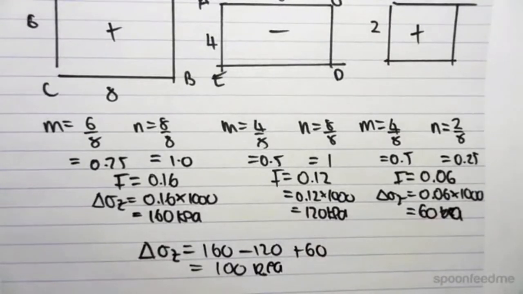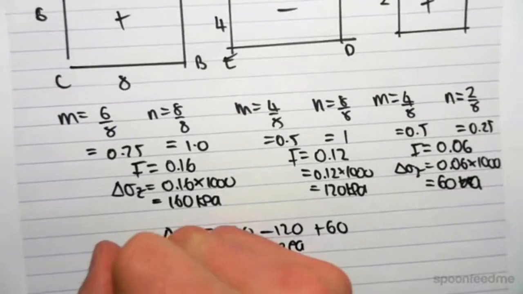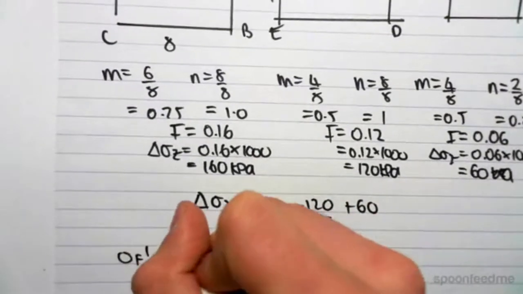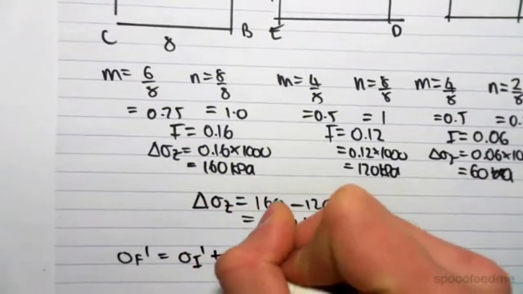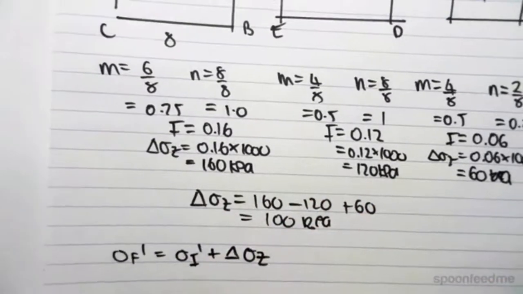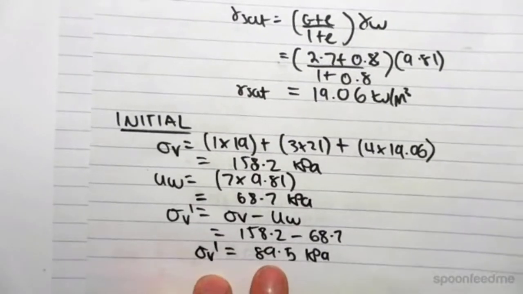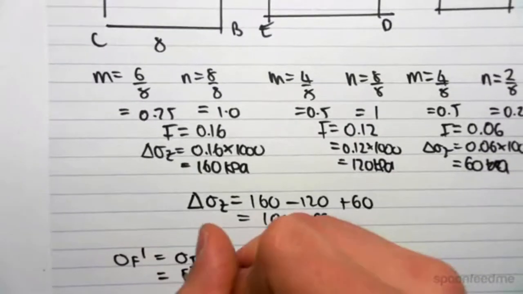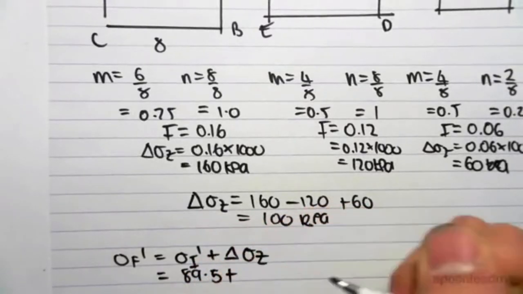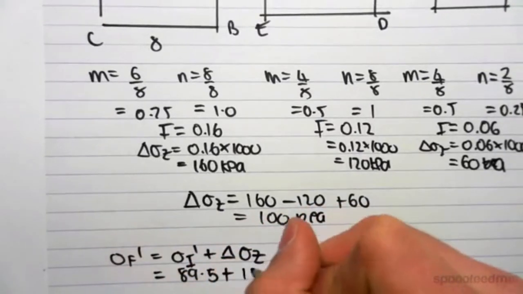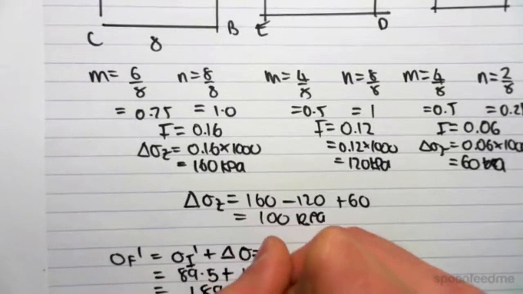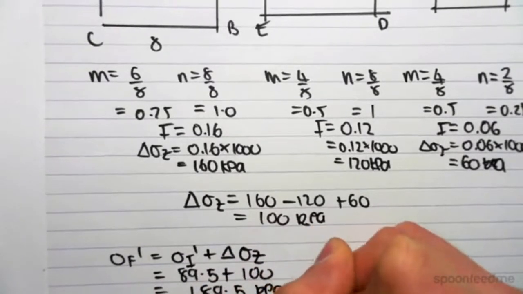So we've now found the change in stress, which means we can find our final effective stress, which will equal the initial effective stress plus the change in stress, so the stress increase. The initial effective stress we found before to be 89.5, so this is going to be 89.5 plus the change, which is 100, so we get 189.5 kPa.